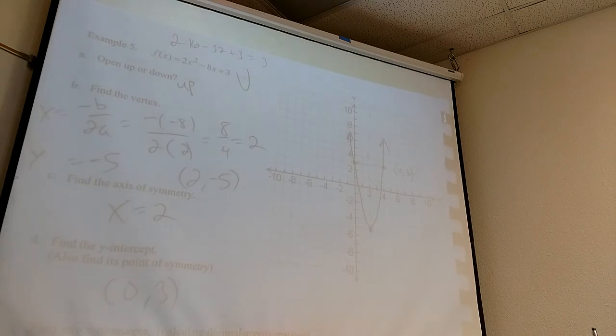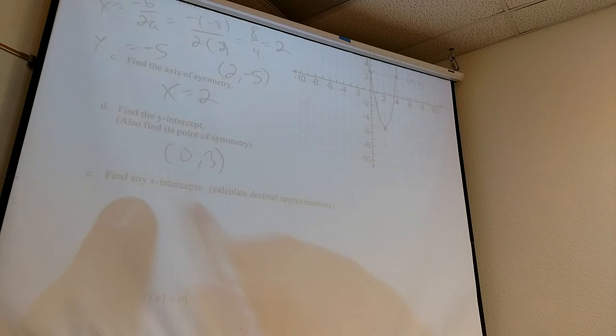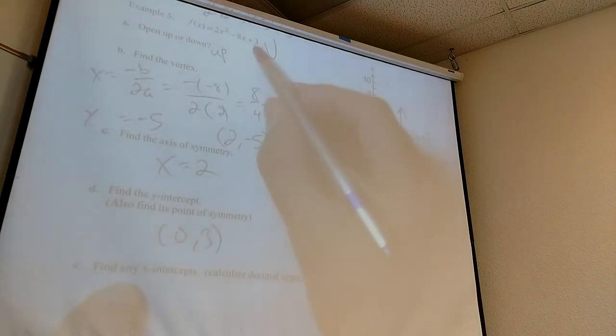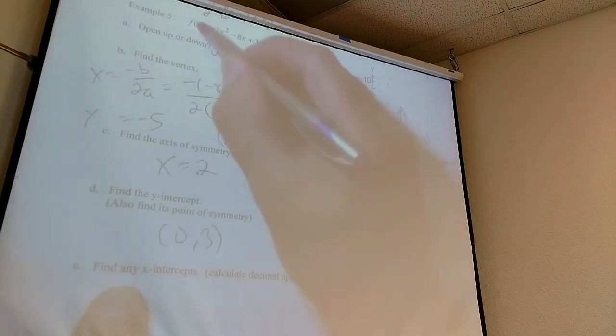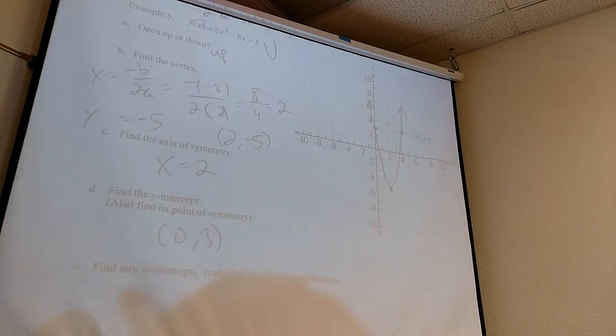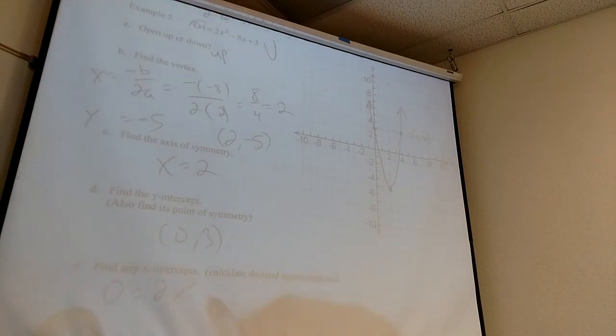What other questions did they ask me? Oh yeah, I didn't want to do this first because, see if anybody remembers anything I said, how do I find this guy's x-intercepts? Setting x to 0 would find the y-intercept. I make y 0. Whose job is it to solve this? Because I can't factor this.